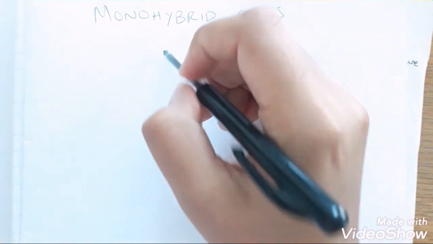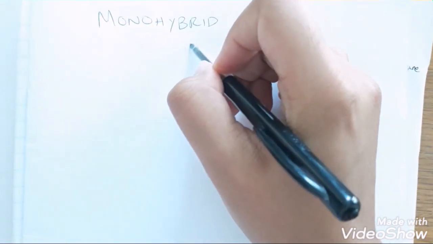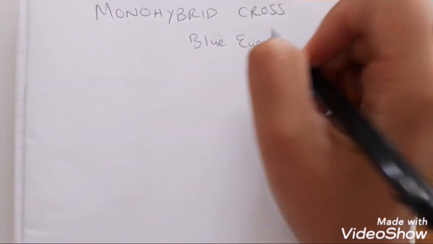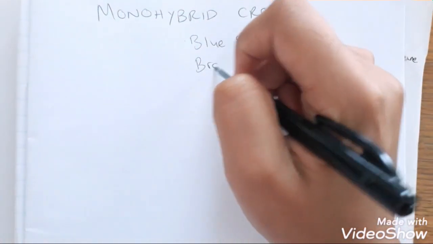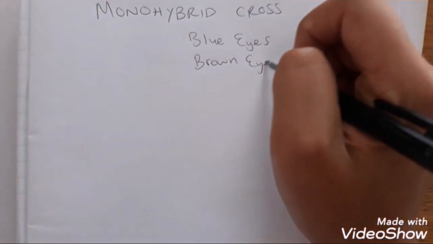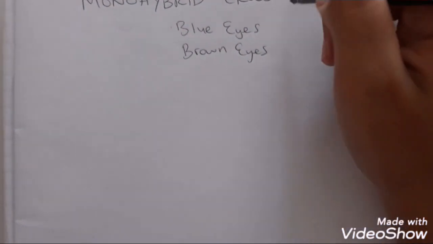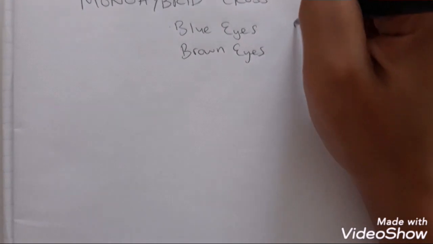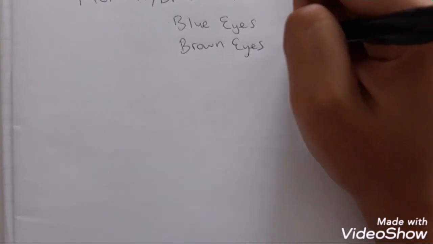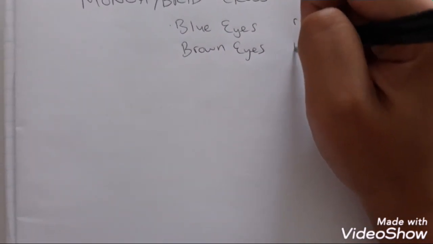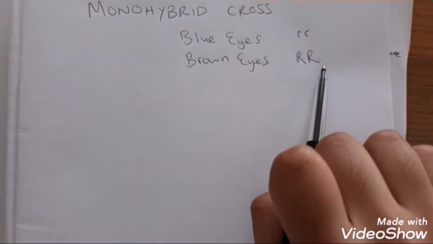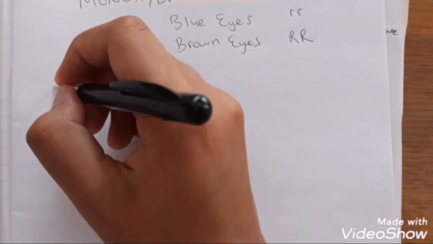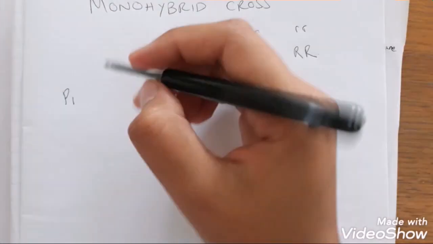So let's choose one person has blue eyes and one person has brown eyes. Now in our case, we'll choose blue eyes to be recessive and brown eyes to be dominant. Okay. So first we start off with our P1, which means our first generation.